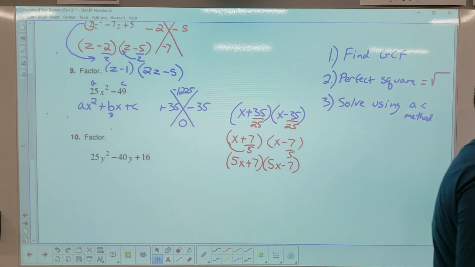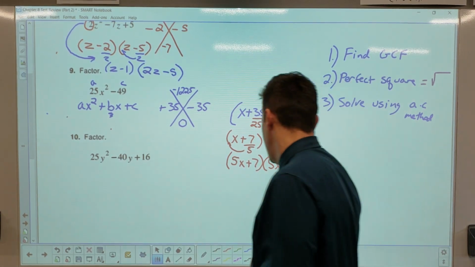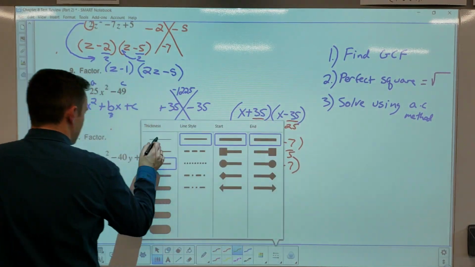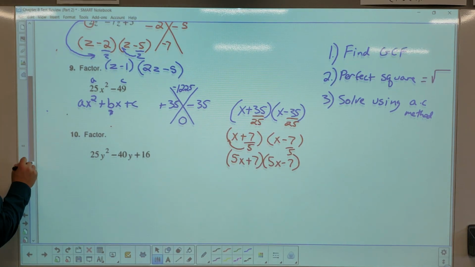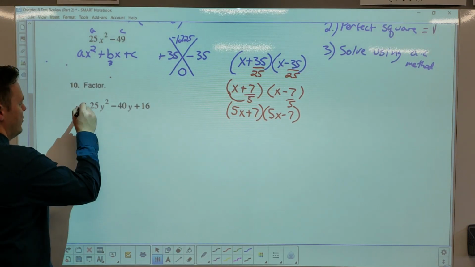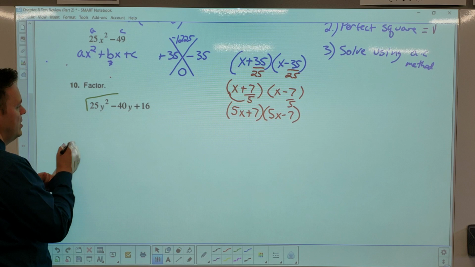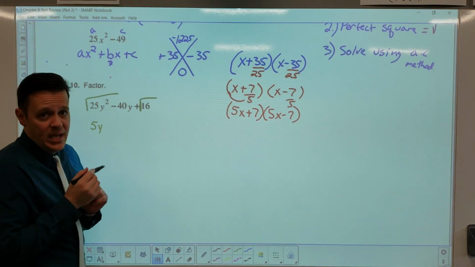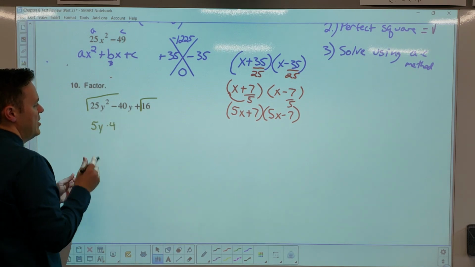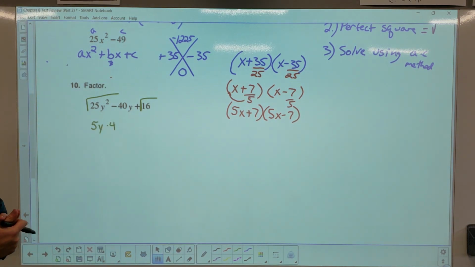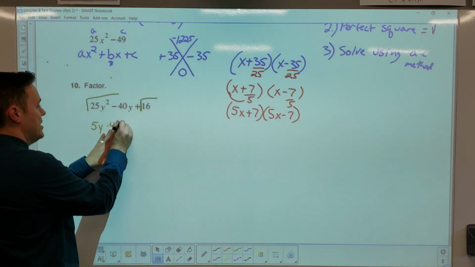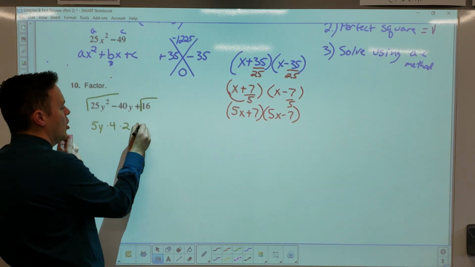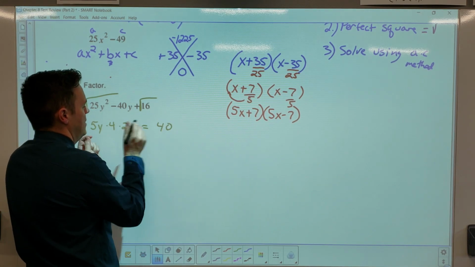Okay, is it easier to do the square part? Yes, it is. Because here's the last one, number 10. It's also related to a perfect square. Okay, but it's a little different. So you ask yourself, can you take the square root of this term? Yeah, it's 5y. Can you take the square root of this term? You can. It's 4. And then you have to ask yourself, ladies and gentlemen, if you put a 2 and multiply this by 2, does it equal 40?